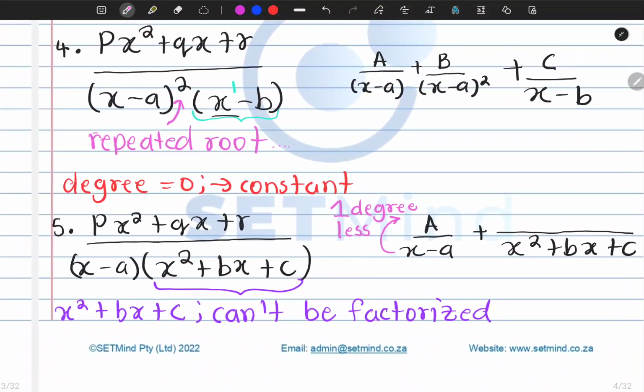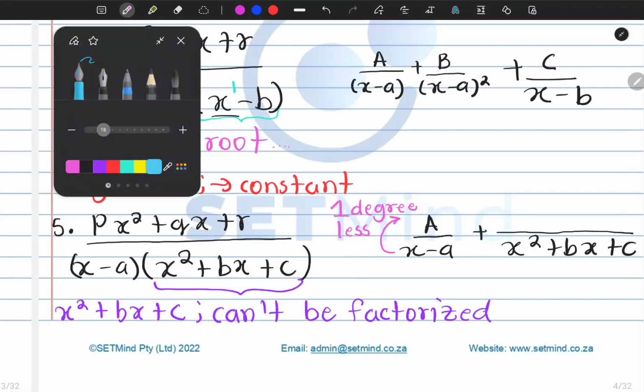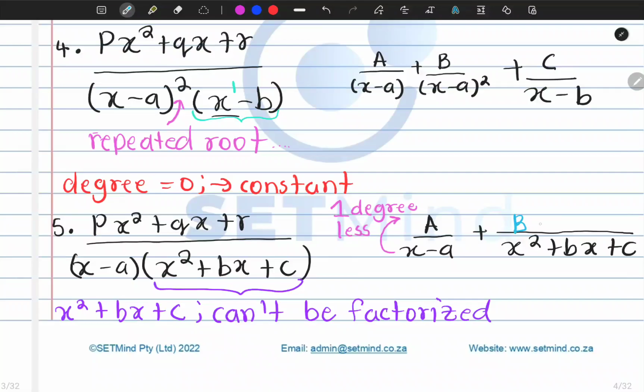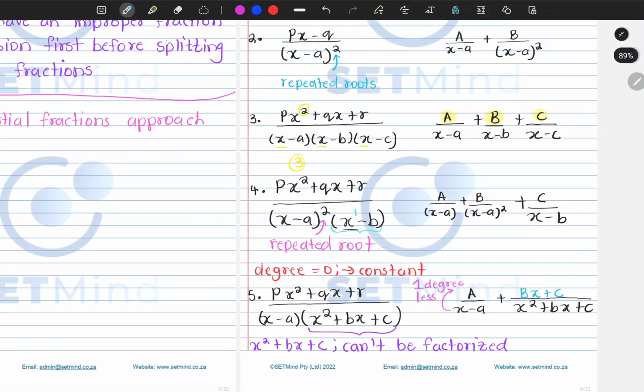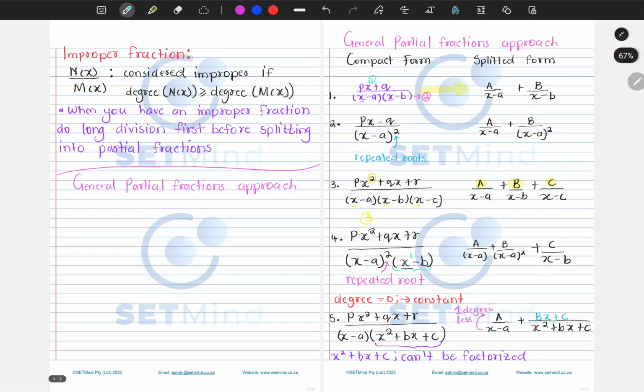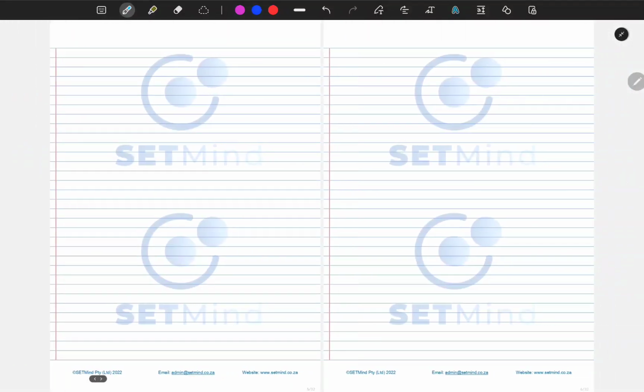If we have a degree of 2 on the denominator for that part, when we go to the numerator, we must have degree 1. And degree 1 is an expression which is linear, bx plus c, like this. This is how we are going to deal with the different forms which we are presented with when we are doing partial fractions. But specifically, this one is for when the fraction is already a proper fraction. So with that said, let's go and have a look at a couple of examples.